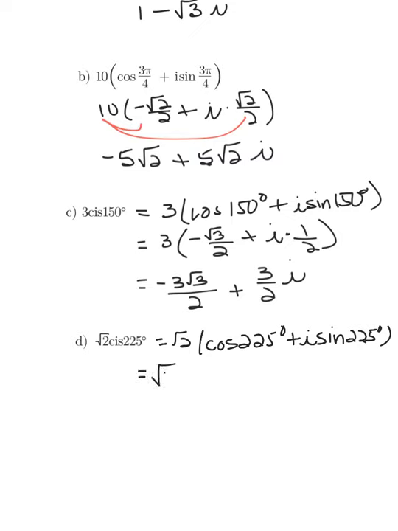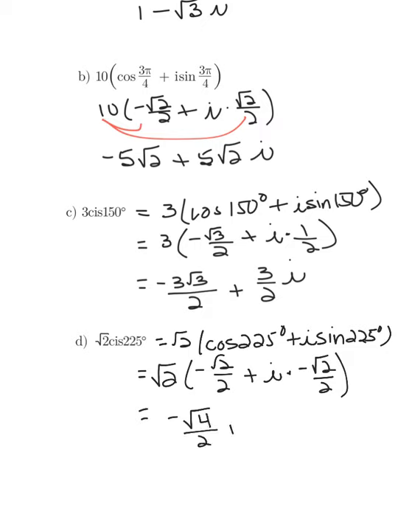So replacing our values, cosine of 225 is negative square root of 2 over 2 plus I sine of 225 is also negative square root of 2 over 2. Now, when we distribute this, we will get negative square root of 4 over 2 plus negative square root of 4 over 2 times I.